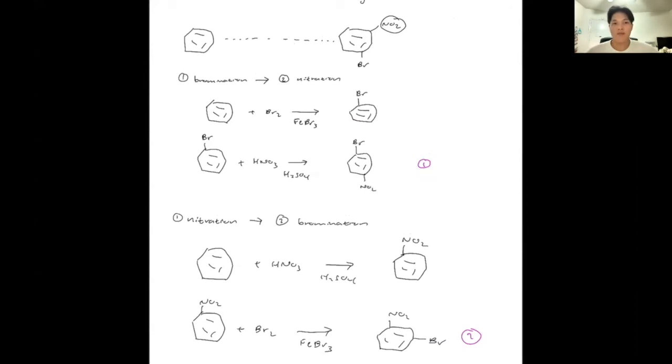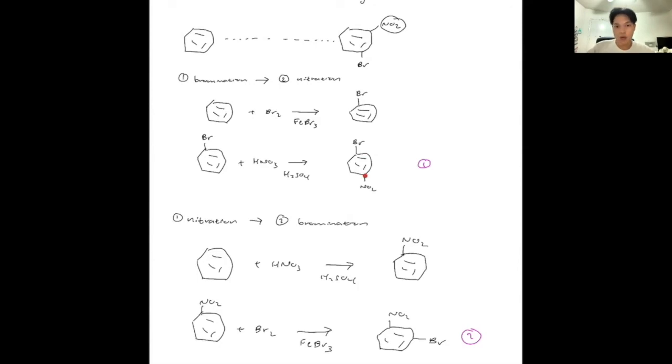And bromine is an ortho para director, but we learned from previous examples that it's better to add it para in most situations because there's less hindrance. And if you see the product at the top, what we wanted, versus the product what we have here, it is not the same.